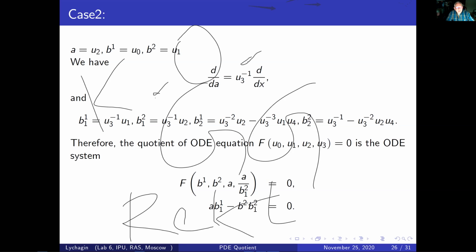Then, if you check how three-set derivatives look like, it will have this multiplier, third derivative minus 1. Now you have two b's, and it's more or less clear that if you take only one b, say u0 to be the only b, the second component u1 you will never get by derivatives.